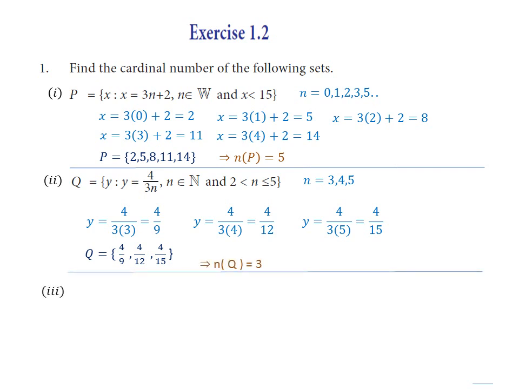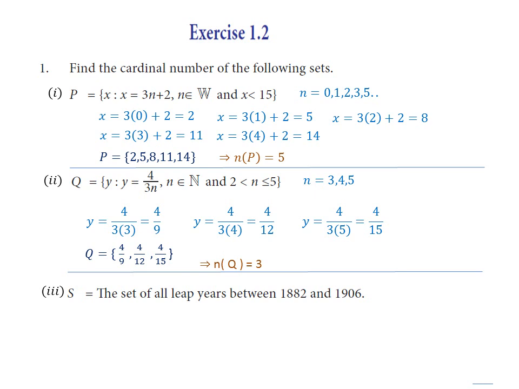That's all. Next one, S is equal to the set of all leap years between 1882 and 1906. So, we have to find the leap years between this interval. So, how will you find the leap year?